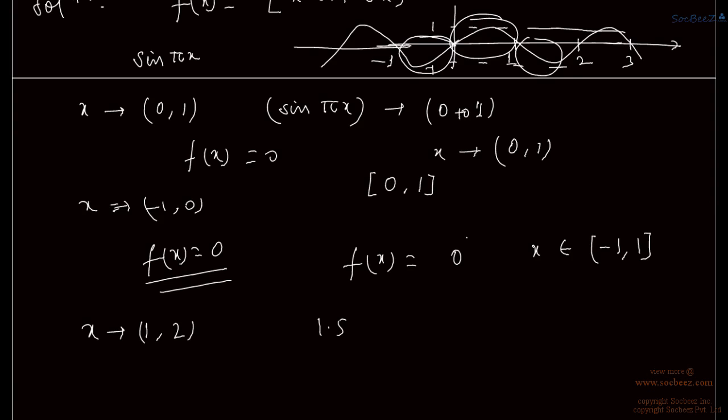Let us take 1.5. So at 1.5, sin(πx) is negative, so it is -1. So we have 1.5 times -1, which is -1.5, and its greatest integer is -2.